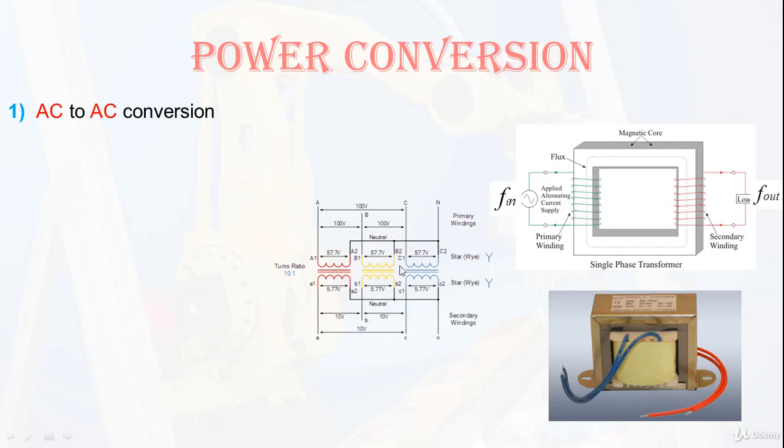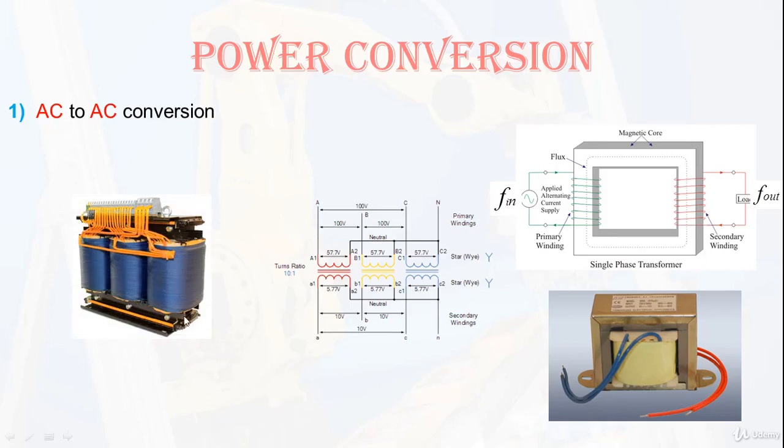So this is phase one, the blue, the yellow and the red for the primary, and blue, yellow and red for the secondary also. This is an example of a real three-phase transformer.